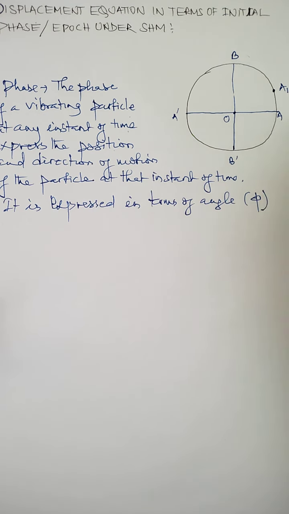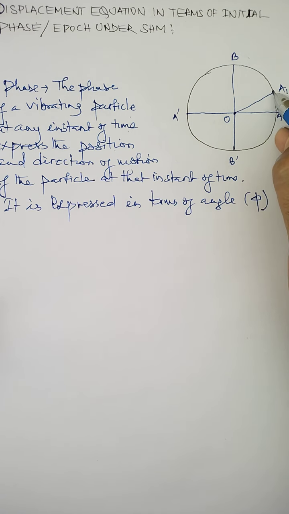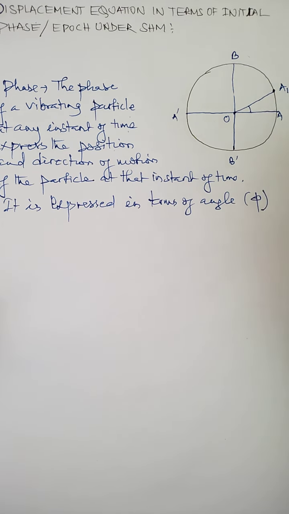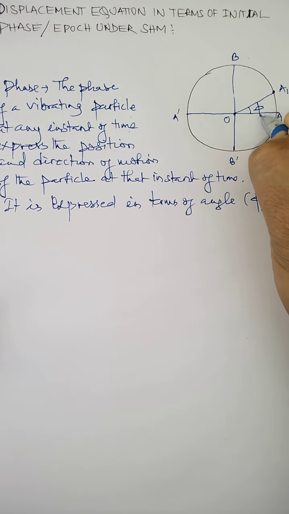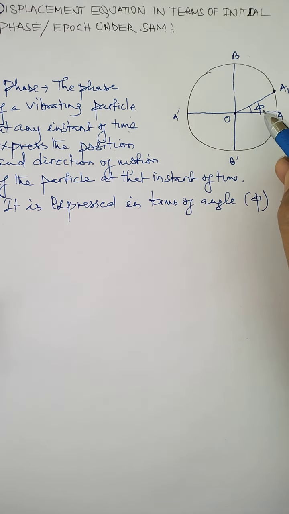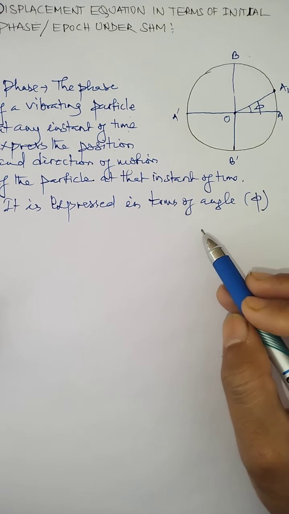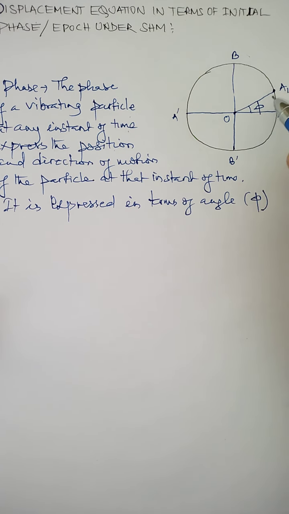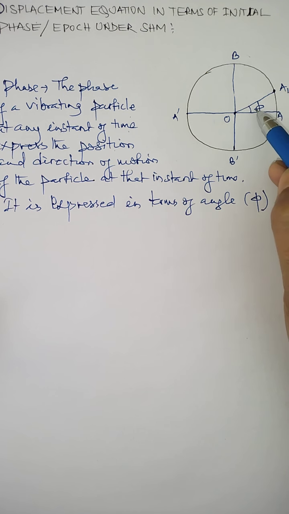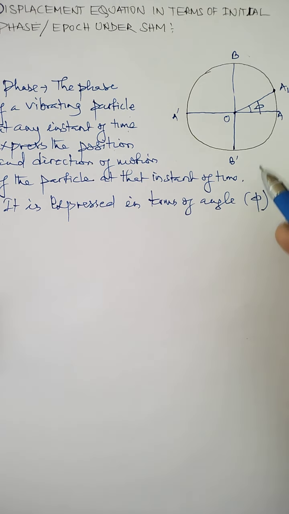So with this reference line the particle has already made an initial position, and this initial position is expressed by initial phase. Let me mark it by the symbol phi. As I said already, phi is the symbol we use for phase. So this is the initial position occupied by the particle before it starts the motion. With respect to the reference line, this particle makes a certain angle, and that angle is phi, and this angle phi indicates the initial phase, also called epoch.